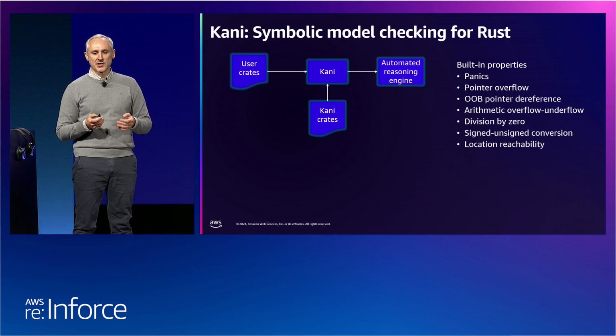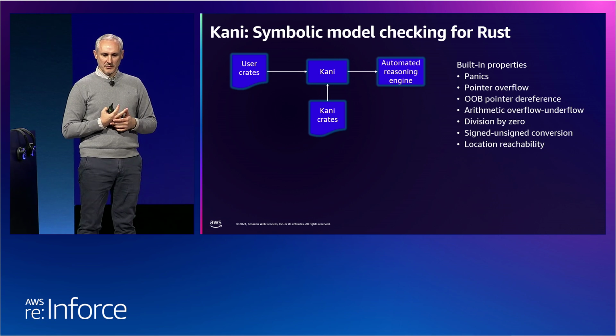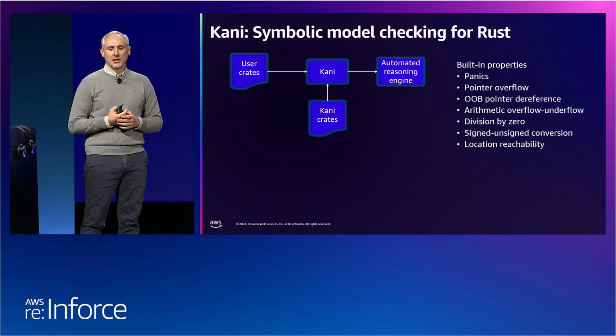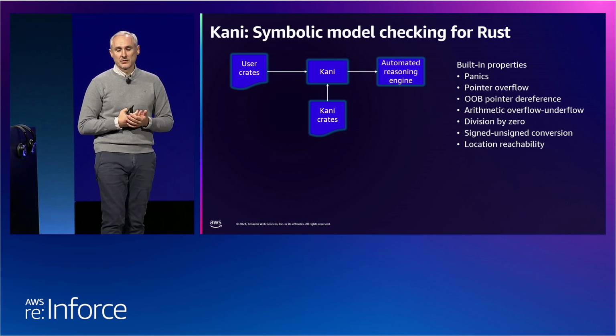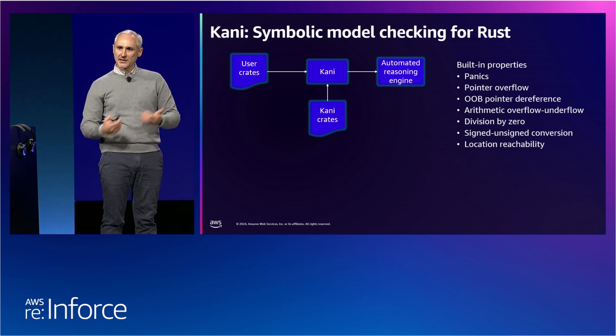The tool is going to check for you the absence of panic, the absence of pointer overflows, the absence of dereference of pointers that are out of bounds, the absence of arithmetic overflow or underflow, the absence of division by zero, and the absence of overflows when converting from signed integers to unsigned integers. It can also answer basic questions about whether a given line or branch in my program is reachable, and what the inputs are that let me get there.